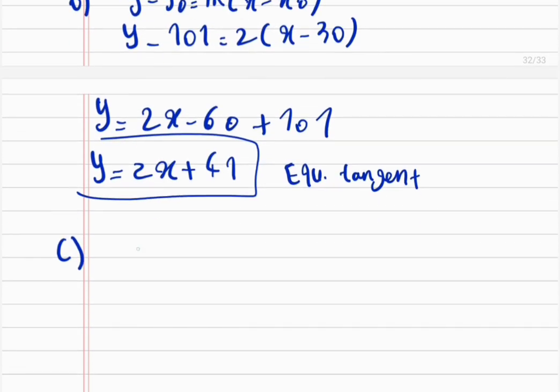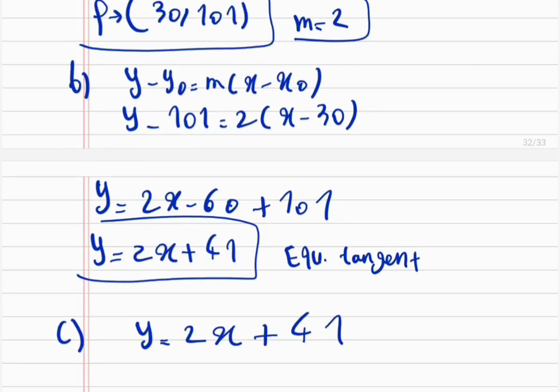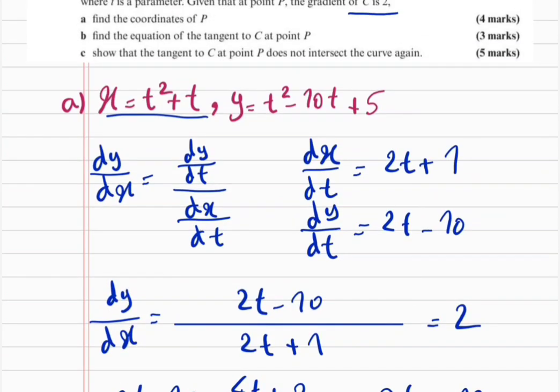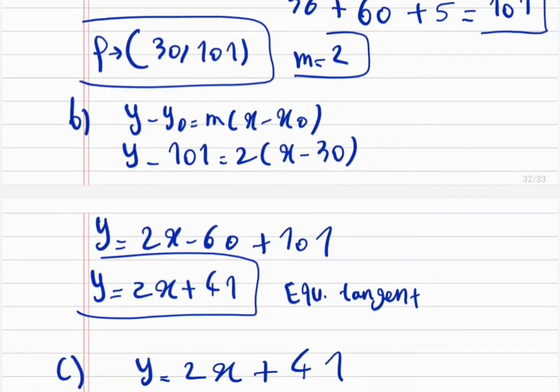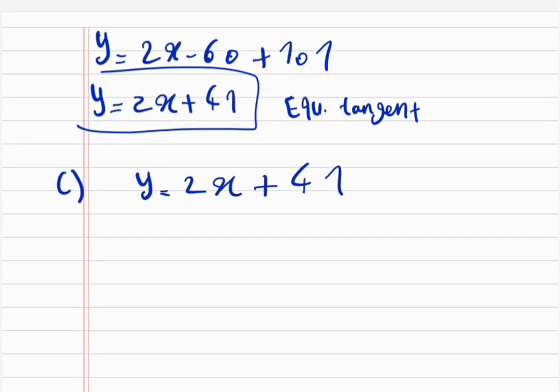So the equation of the tangent is y is equal to 2x plus 41, right? Now what we do here is that we first substitute the functions x and y, which are in terms of t, into the equation of the tangent, and then we try to solve that for t.